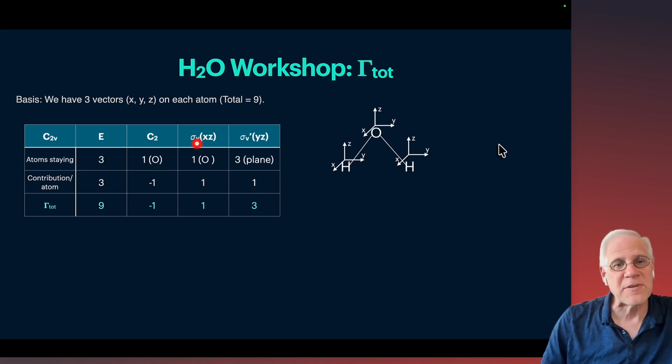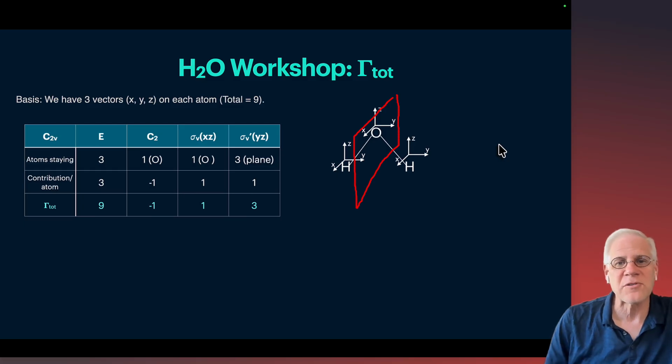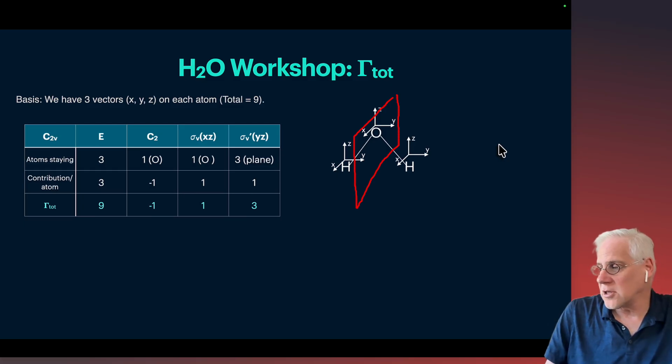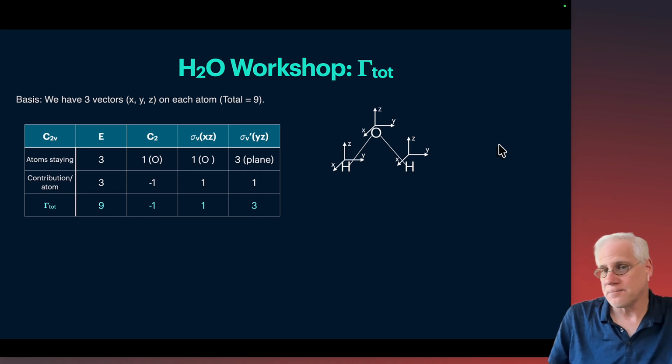For our sigma V in the XZ plane, we can look at our axes here, and our XZ plane comes out of the face of the screen and goes across. When we do a mirror image there, again, our H's change place, our O remains the same, so we get the same character of 1 because the O remains in place. The two H's swap, and they're not counted in that case.